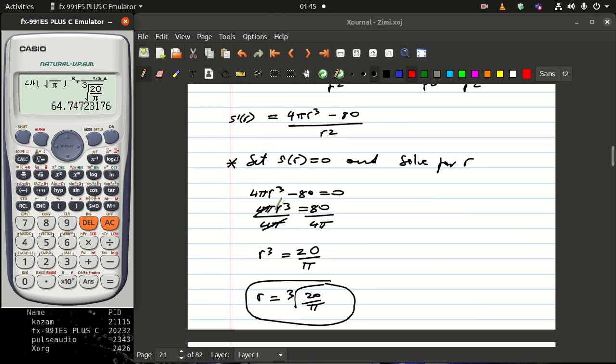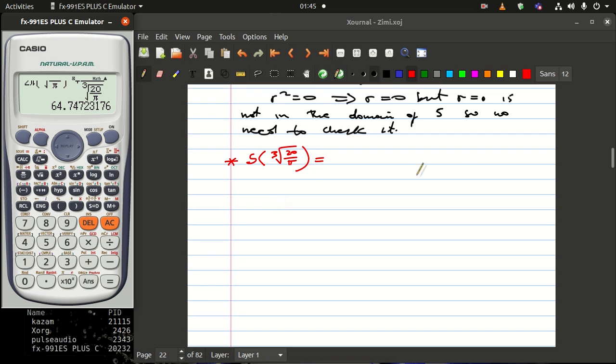So what is the answer here? What I'm looking for here is actually 64.